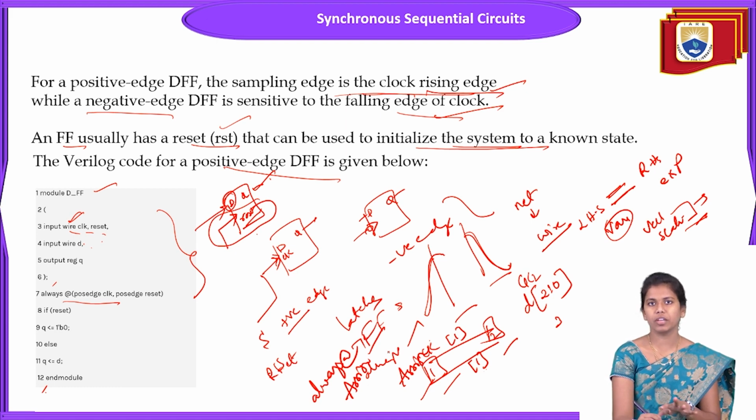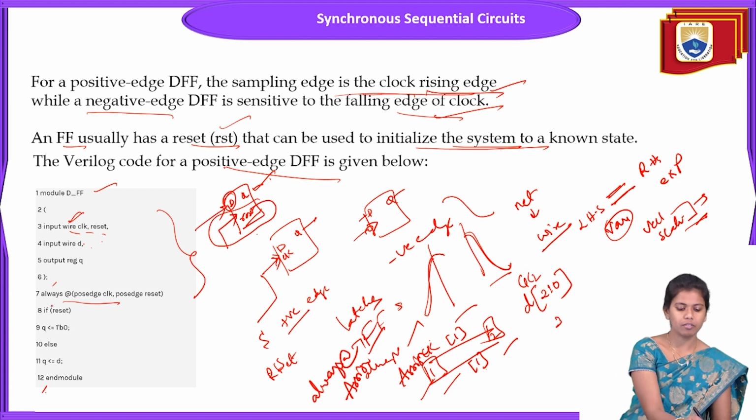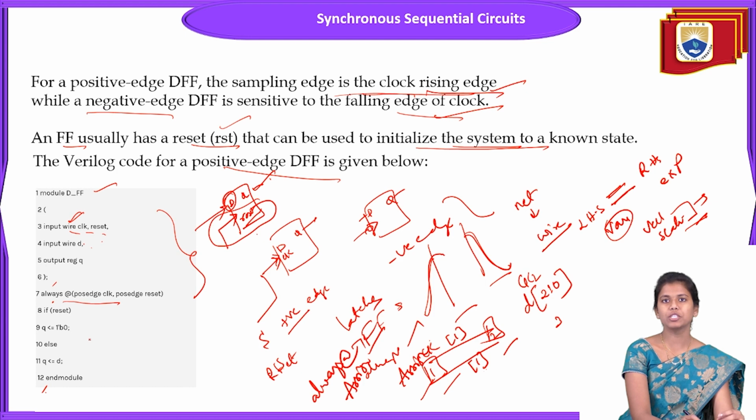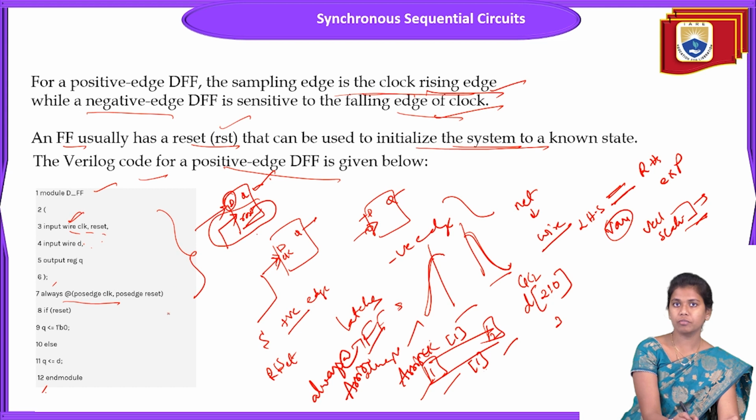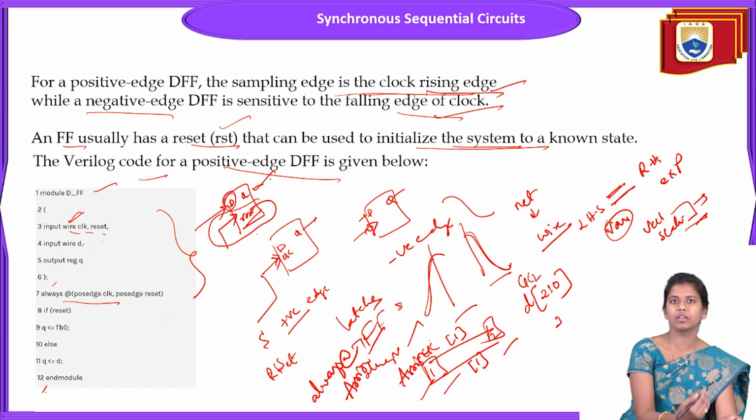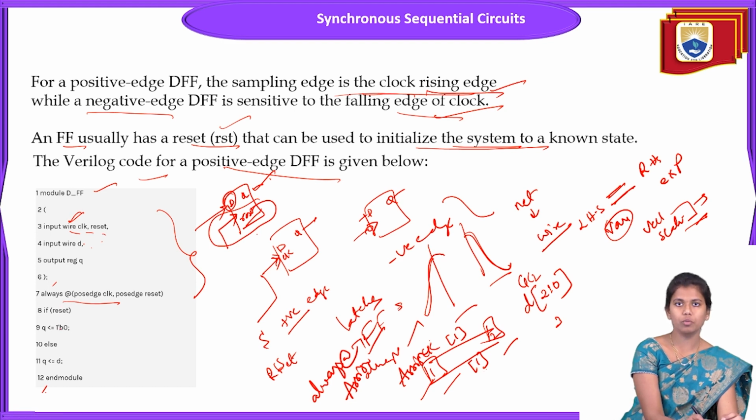These two keywords are very prominent in order to write a particular code. So this code is written in terms of always at the rate, which means we are writing it in behavioral modeling, a higher level of abstraction. That's why we are using the keyword always at the rate.